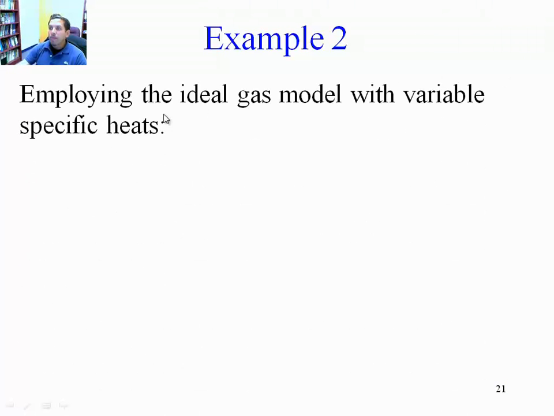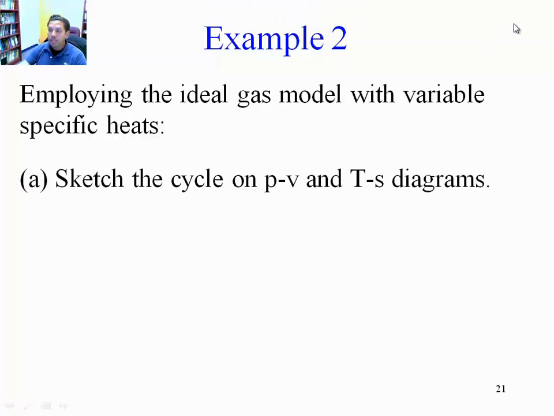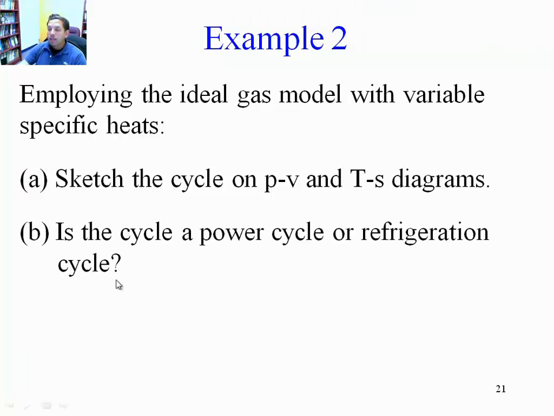So, employing the ideal gas model with variable specific heats. Okay, let's not use the constant specific heat model, although you could, and then try to compare the solutions, but I'll leave that as an exercise for you. Let's sketch the cycle on a PV diagram and a TS diagram. We are to determine whether this is a power cycle or a refrigeration cycle. Remember that in a power cycle, the net work produced is positive, and in a refrigeration cycle, the net work is negative.